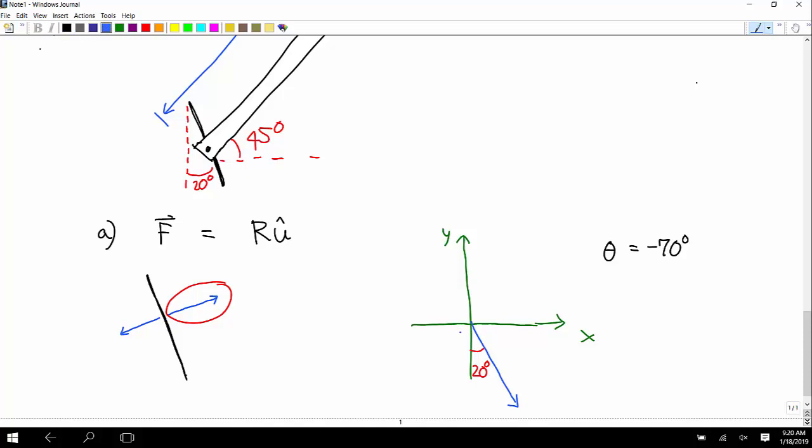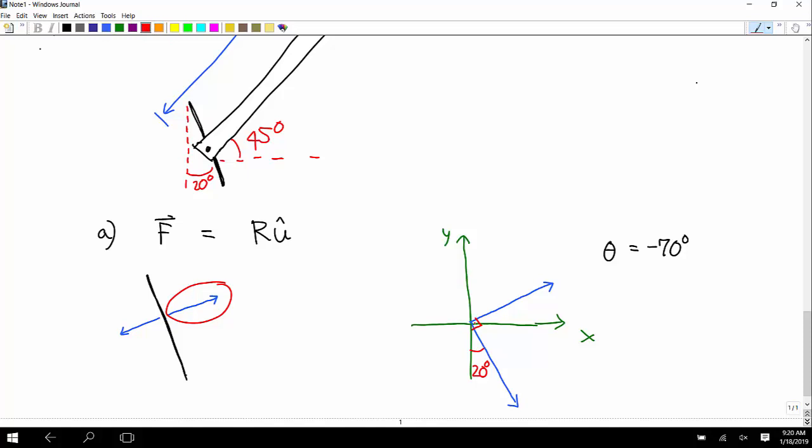And then we want something perpendicular to that. So I'm going to draw another vector with its tail at the origin that's perpendicular to the one we just did. And that angle is perpendicular to that.